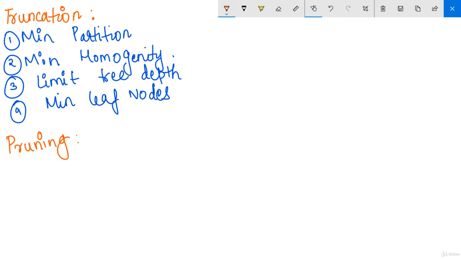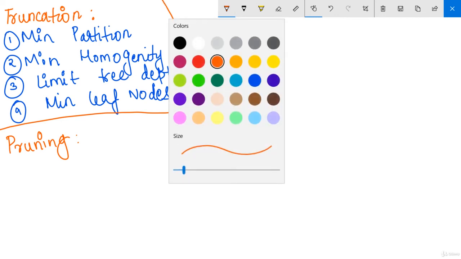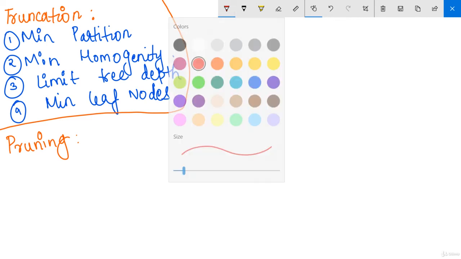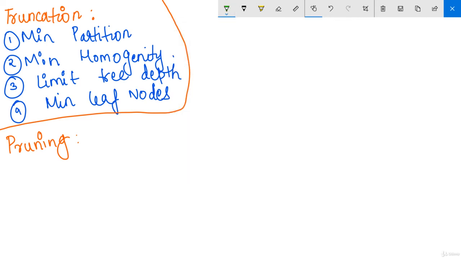Let me just draw it. I'm very choosy with the colors, guys, please don't mind. Okay, so let me draw a good tree.